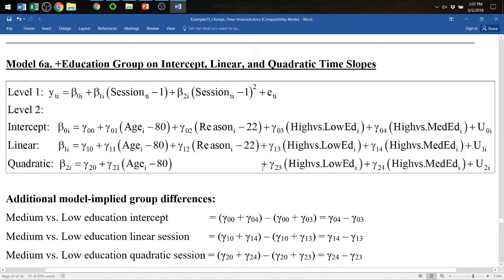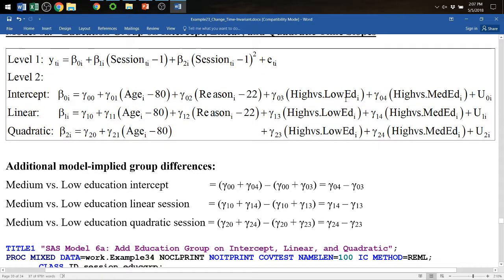You can figure out what the missing contrast is, which is low versus medium, without recentering your groups. It's a linear combination of the existing fixed effects, and it looks like this. The difference between medium and low in the intercept is gamma 04 minus gamma 03.